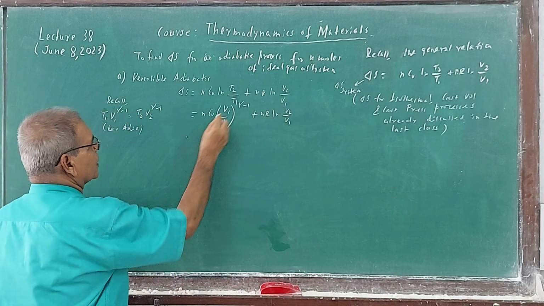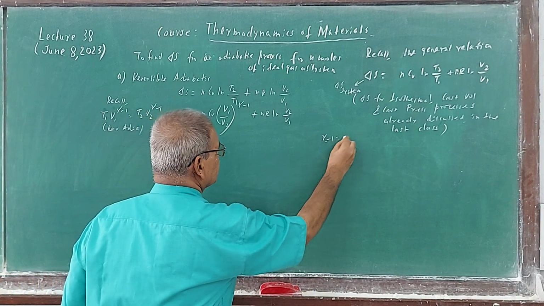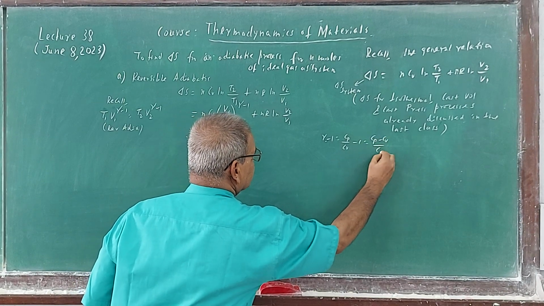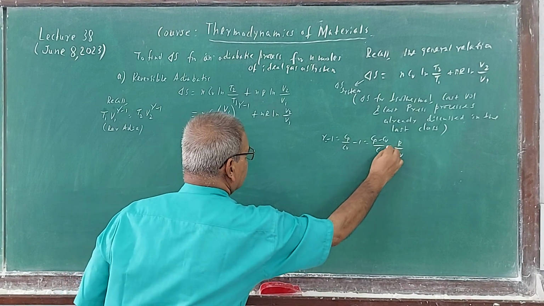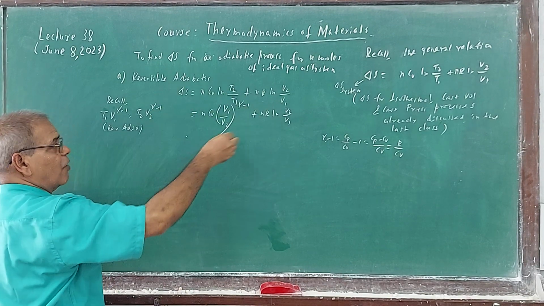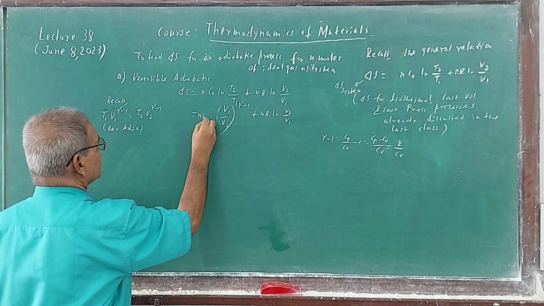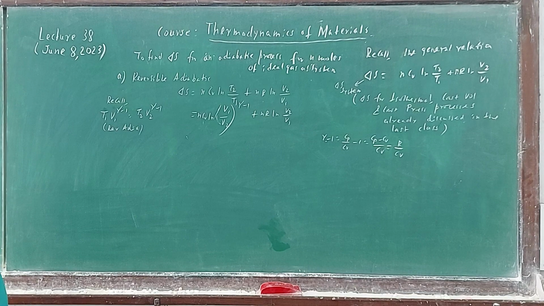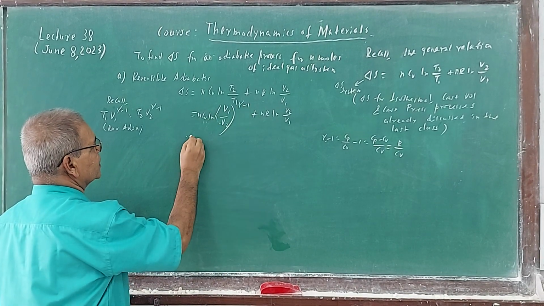Go fast. Gamma minus 1 is what? Gamma minus 1 is Cp by Cv minus 1, which is Cp minus Cv by Cv, that is R by Cv. So taking this power, ln is here, gamma minus 1 is R by Cv.